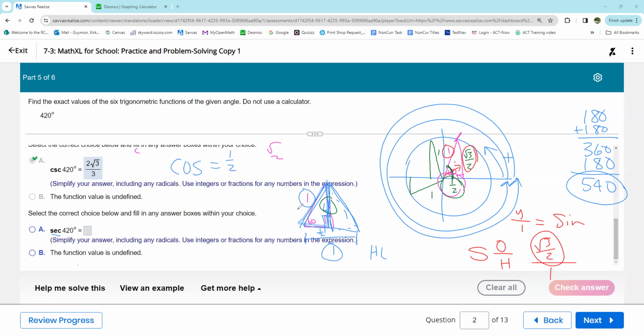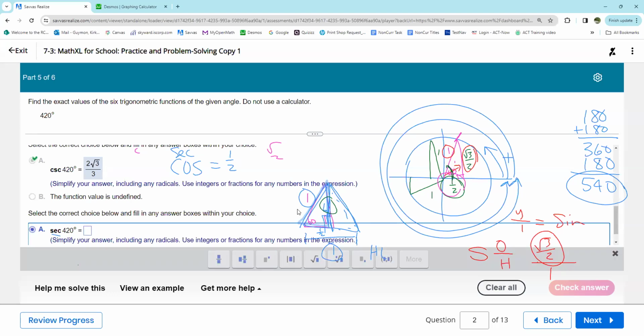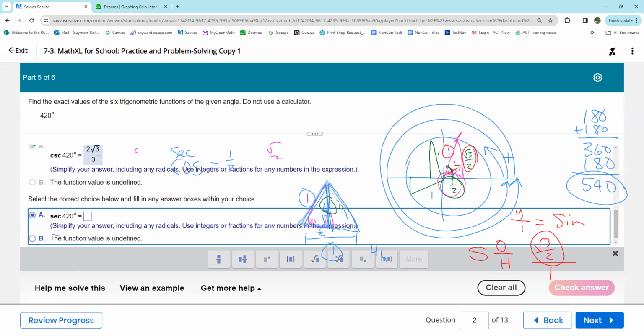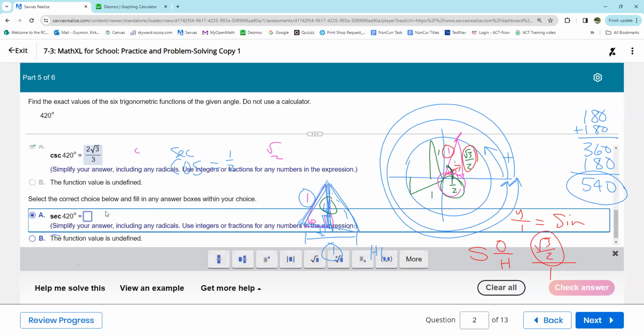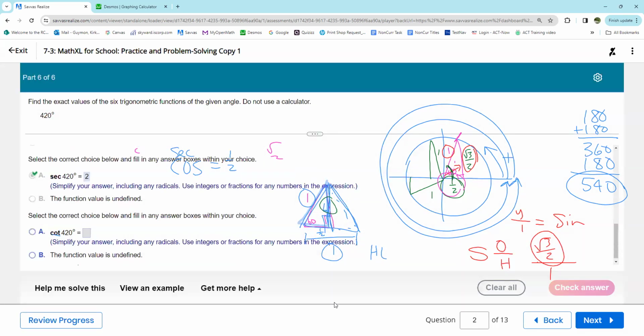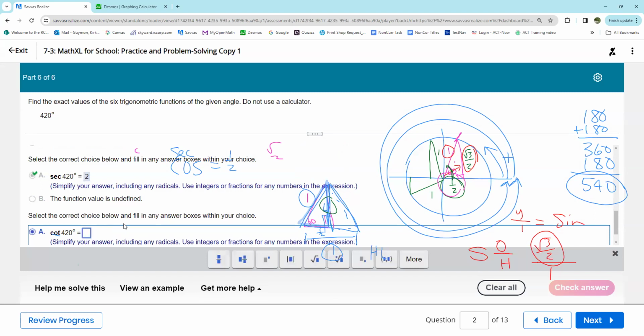If we do the reciprocal there for secant, it's going to be 2. Flip over the 1/2 and a little old 2 in there. That should take care of that one. Get that 2 in there, and we should be closing in on them here.